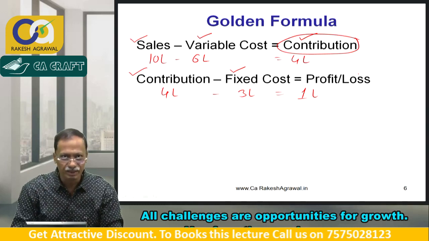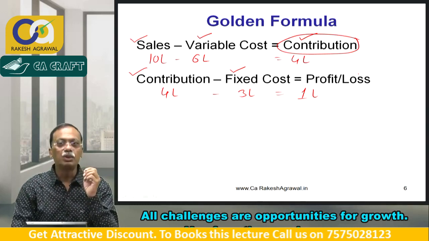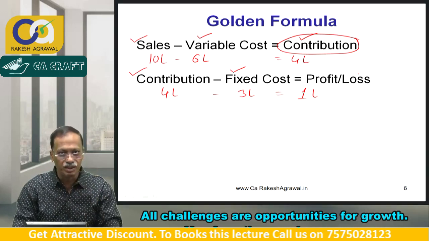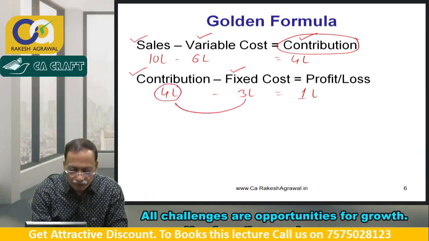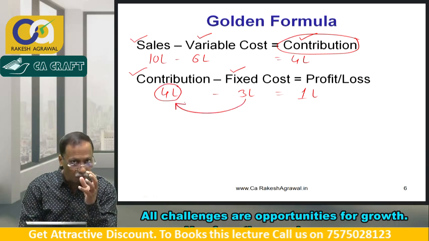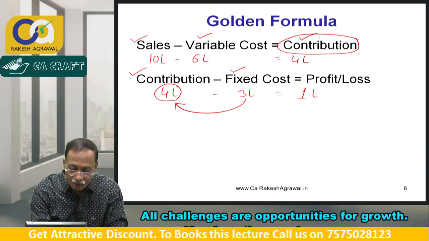I repeat the sentence: contribution contributes towards recovery of fixed cost and profitability of the organization. Don't you think this contribution of 4 lakh has helped you recover the fixed cost of 3 lakh? So contribution contributes to recover the fixed cost and towards the profitability of the organization.